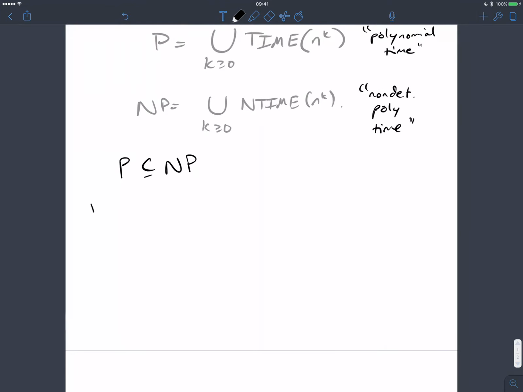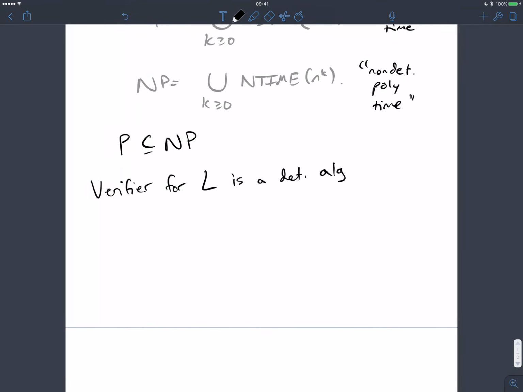So what we're going to call a verifier for a language L is a deterministic, so not non-deterministic, algorithm or Turing machine or whatever you want to call it. Let's call it V for verifier, where L, that language, is the set of all strings for which there is some certificate that we can verify.